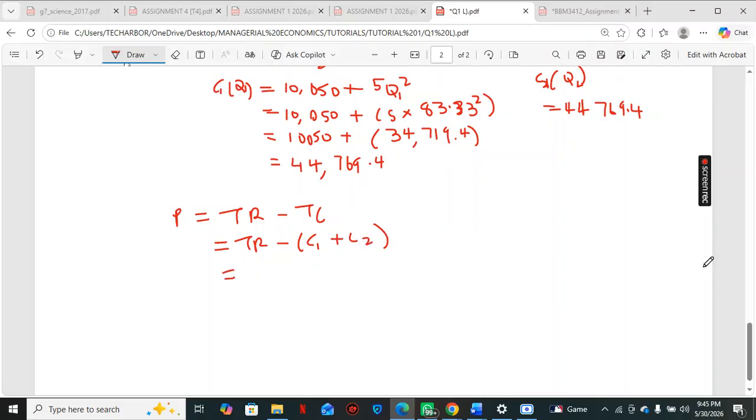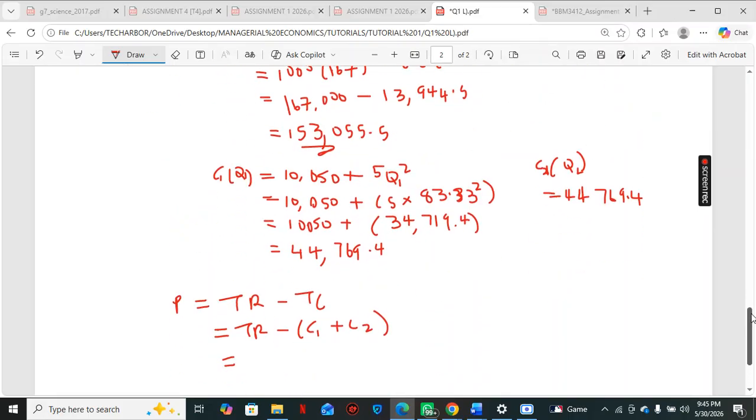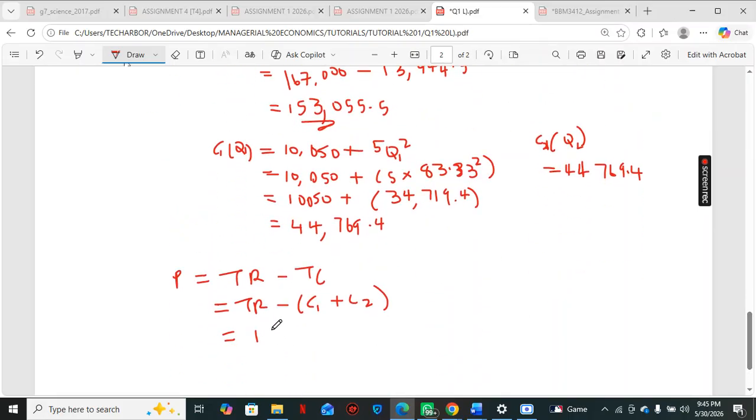So our total revenue 153,055.5 minus 44,769.4 plus 44,769.4.